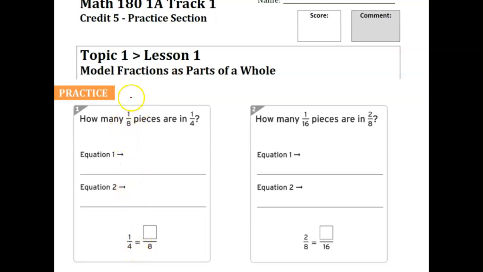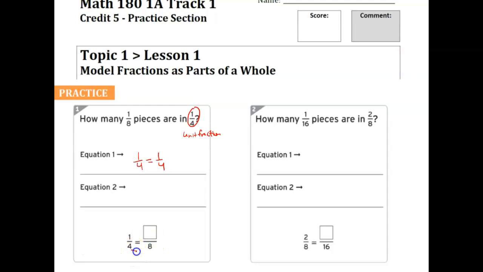So here it's asking us how many 1/8 pieces are in 1/4. So you'll notice 1/4 is a unit fraction. So that means that our first equation is going to be 1/4 equals 1/4. Now, in order to find out how many 1/8 pieces are in 1/4, they give us a fraction equaling another fraction.